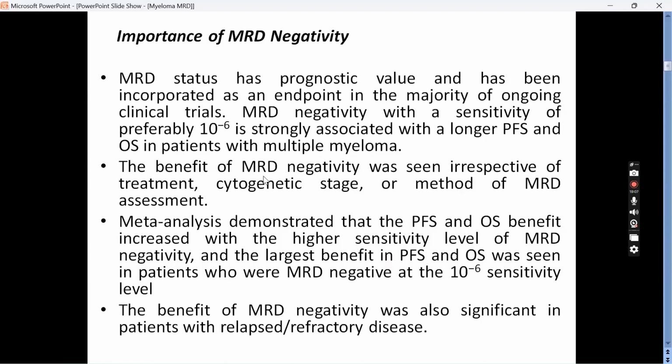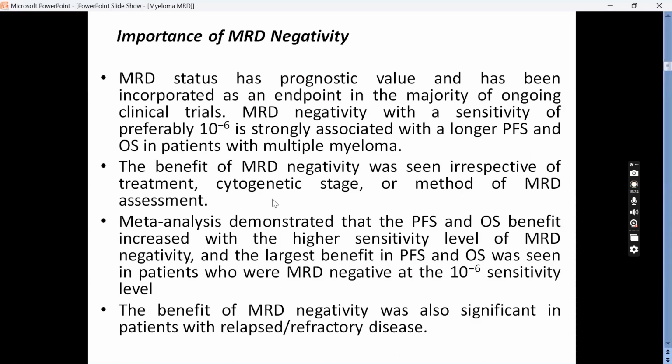The benefit of MRD negativity was seen irrespective of treatment. So you remember this; I already told you. For example, a myeloma case classified as intermediate risk or high risk based on cytogenetic findings, or based on the treatment given or any other condition, MRD acts as an independent predictor of the disease.